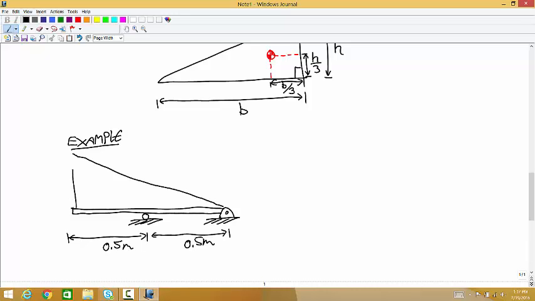And the only external load besides those reactions is a distributed load that's a right triangular shape. And let's say that this has a height of 10,000 newtons per meter. And we just want to calculate those reactions.